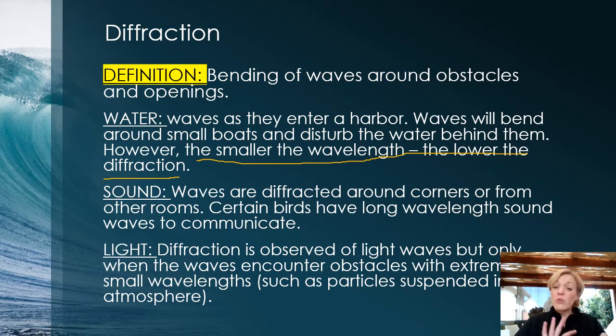We're going to get to that with the EM spectrum, but I want you guys to write this down on a piece of paper, on your page, whatever's going to help you remember this. Just remember that the diffraction is going to increase with wavelength, and obviously decrease if the wavelength is very small.